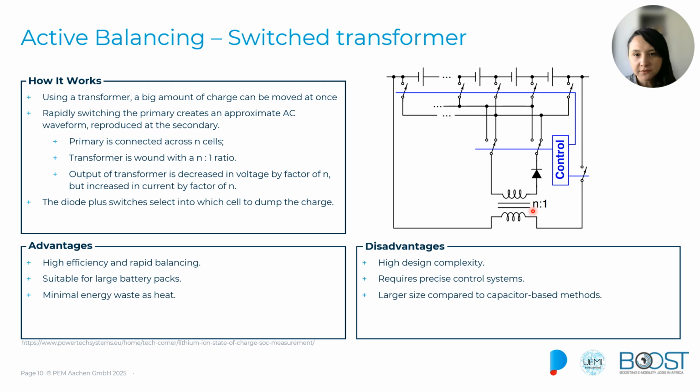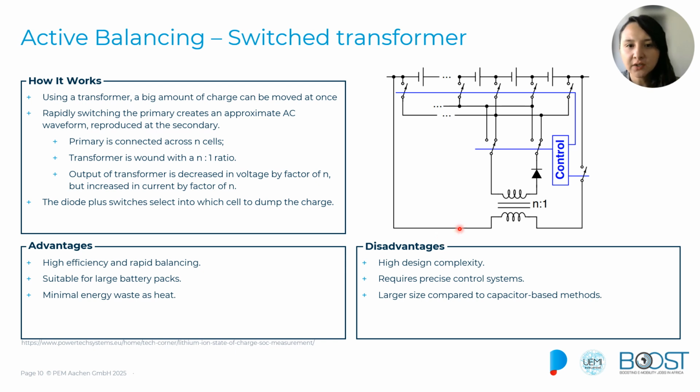This is going to be achieved by rapidly switching the primary coil that you can see over here, and this will generate an AC waveform that we can relate to the secondary coils and send that energy to the target cells. I will try to explain this a little bit better, because it's more complex than the previous balancing methods.